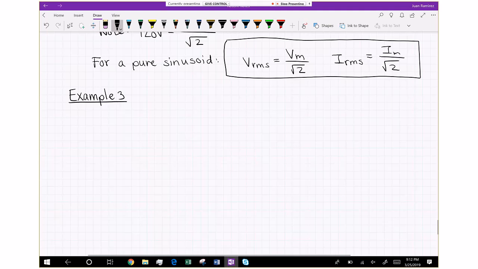What if we have a signal that is sinusoidal in nature, but it has a DC offset?